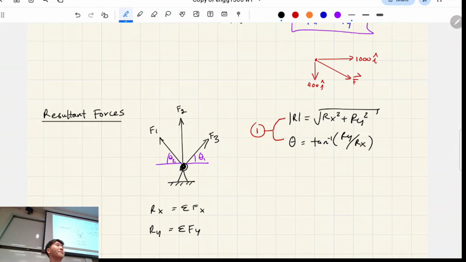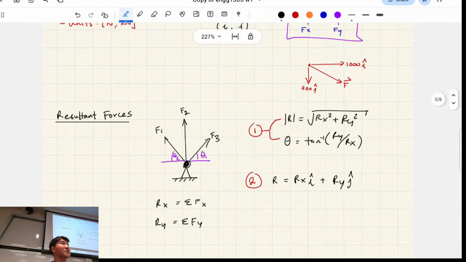And if you want to express it in unit vectors instead, Rx is our horizontal component, and it has I unit vectors, and then Ry is our vertical component, it has J unit vectors, right? That's pretty much resultant forces.